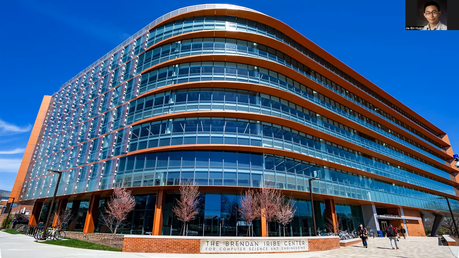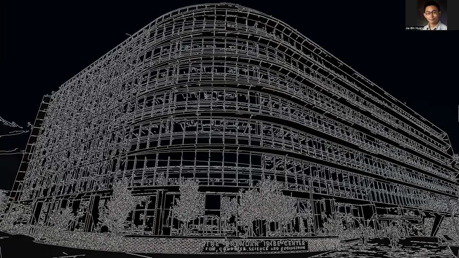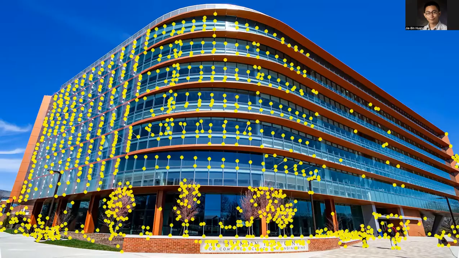Okay, so let's recap what we have talked about so far in module 2. From a single image, based on the tools we have in image filtering from module 1, we could now potentially extract features, like lines and edge detections. And then we can also detect key points so that we can track them over time.